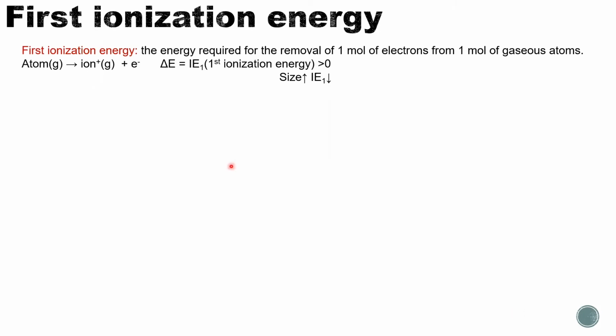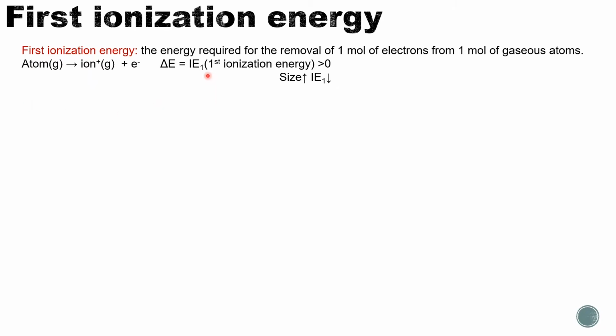In other words, it's the energy required for this equation: 1 atom in the gas phase becomes 1 cation carrying 1 positive charge, plus 1 electron. Basically, you pull 1 electron from an atom. The first electron you pull is called the first ionization energy. Ionization refers to the process of taking electrons out from a species.